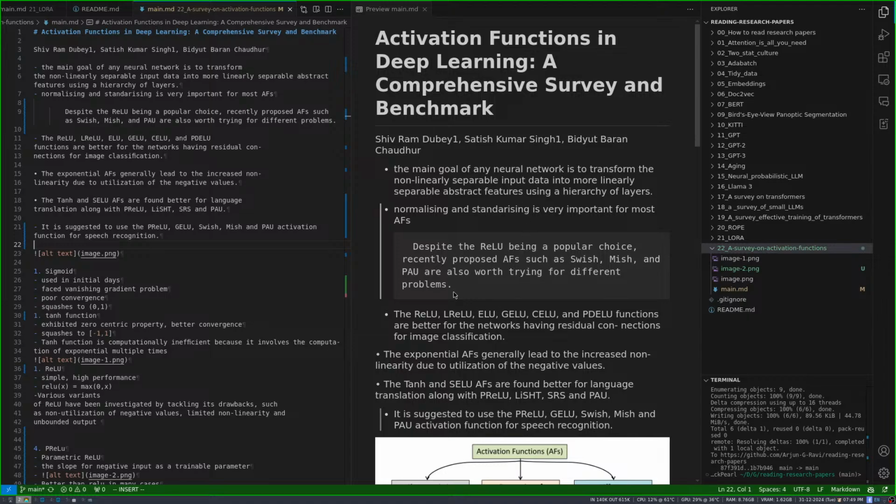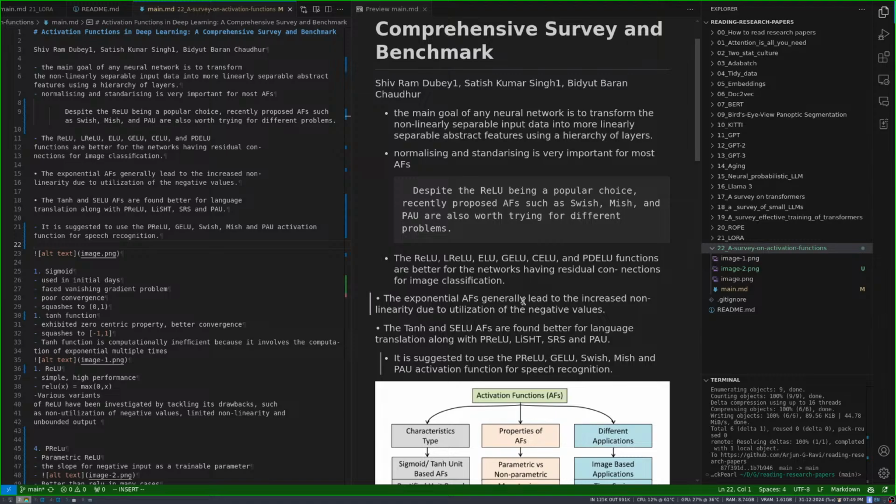Which mission? Can it be better for language translation? Okay.